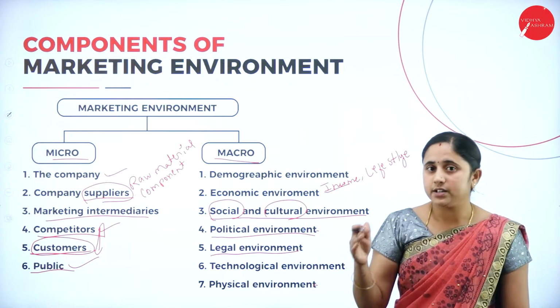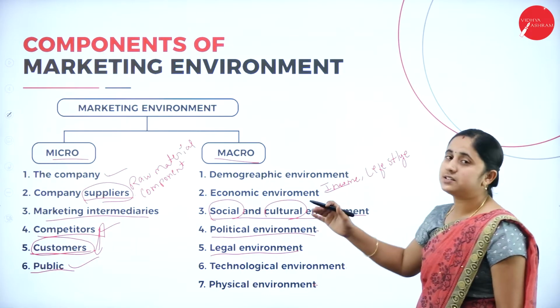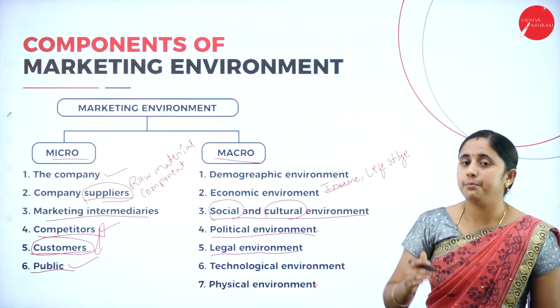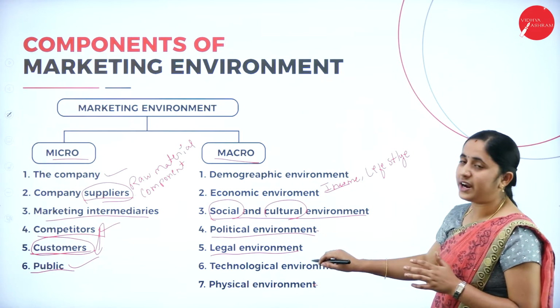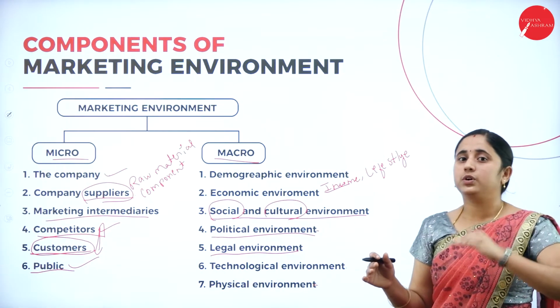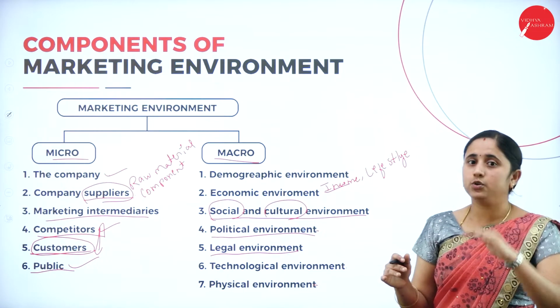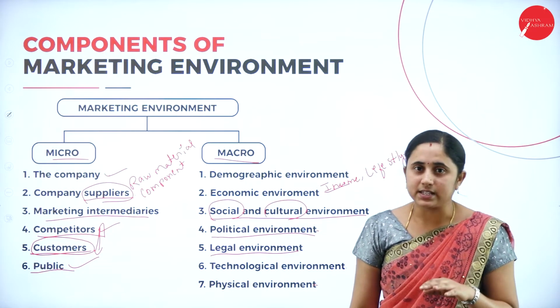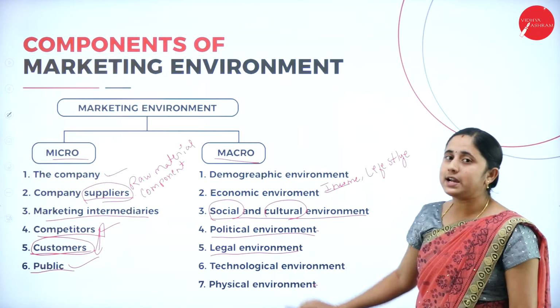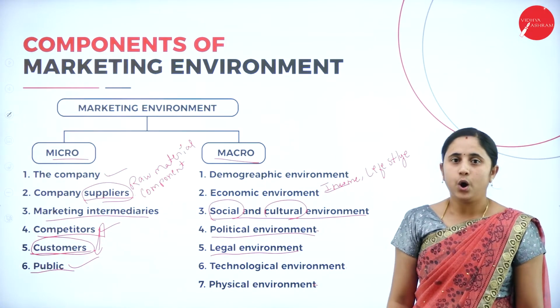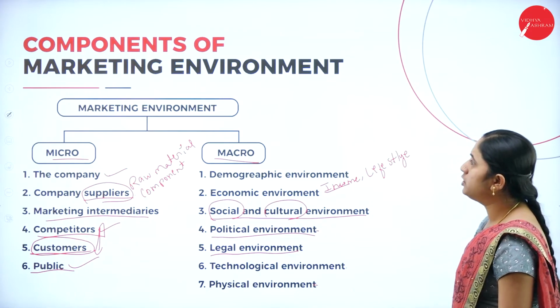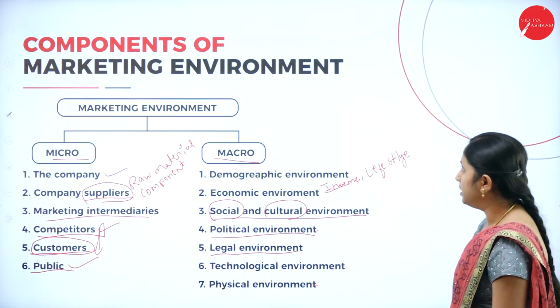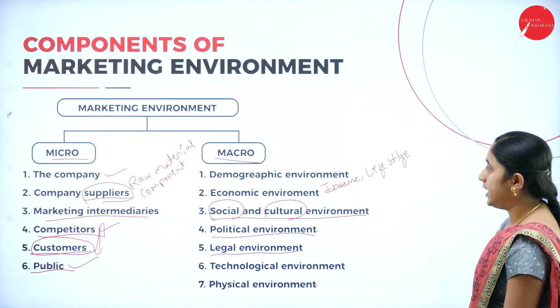The internal factors you can control, but external factors you cannot control. External factors cannot be fully controlled, but you can avoid them. To some extent, you can avoid the risk. So it cannot be fully controllable, but to some extent you can avoid the risk. This is all about the marketing environment, the components of the marketing environment.